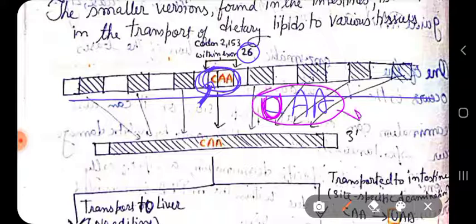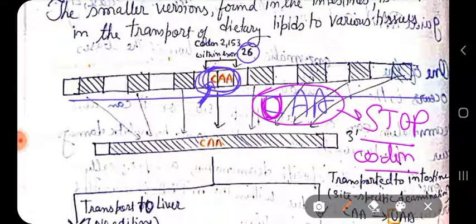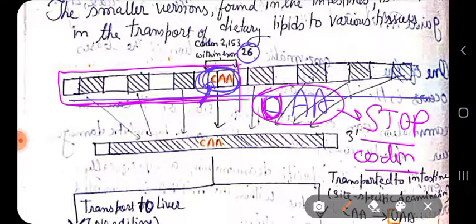UAA is the stop codon. It will terminate the translation process, and that's why within the intestine only 48% of the gene encoding the apolipoprotein B is being produced, not all of it.